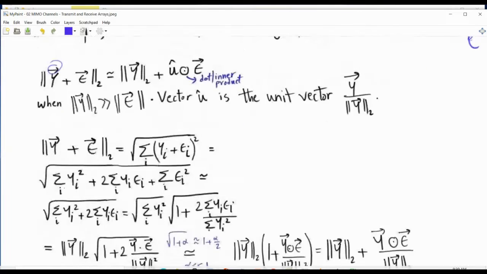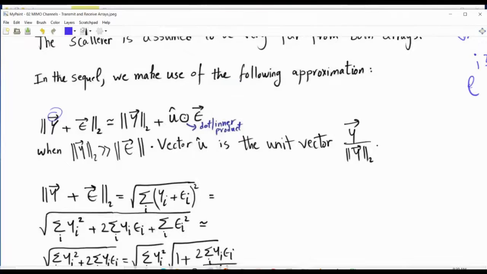Okay, so if you have a vector plus another vector, and it happens that the L2 norm of this vector, its Euclidean length, is much smaller than that of the other vector, then the L2 norm of the sum of the two vectors is approximately the L2 norm of the big guy plus a dot product, or inner product, between a unit vector in the direction of the big guy and the smaller guy.